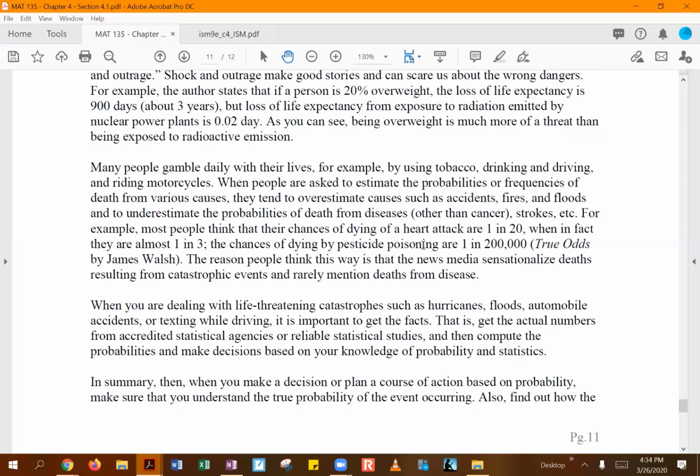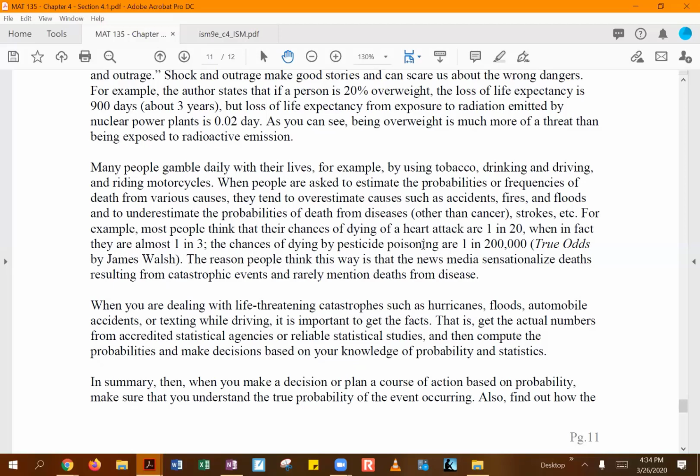So if you compare what the risk factors are here, you can kind of look at, okay, these are activities we still do, but we don't really think about how much effect this can have on our life expectancy. So again, that might be something to consider. You can look through that paragraph. They're talking about the overestimation of causes such as accidents, fire, and flood, and they're underestimating the probability of death from diseases, from strokes and stuff like that.